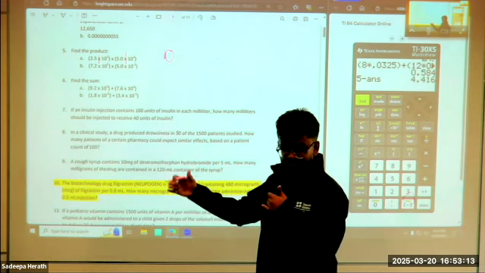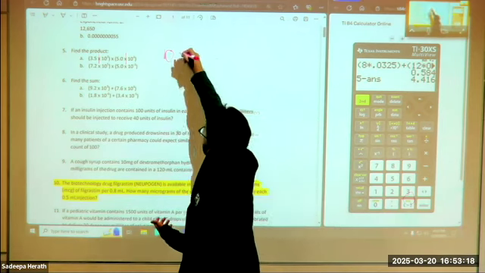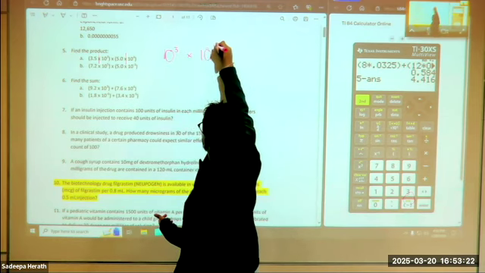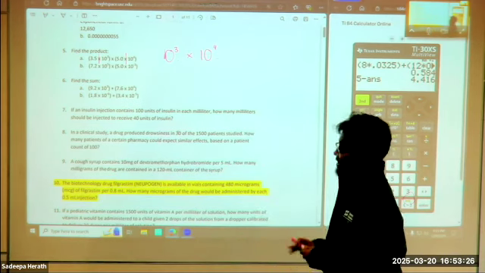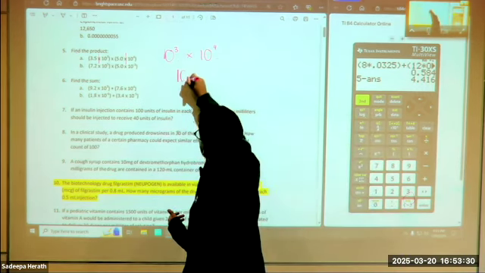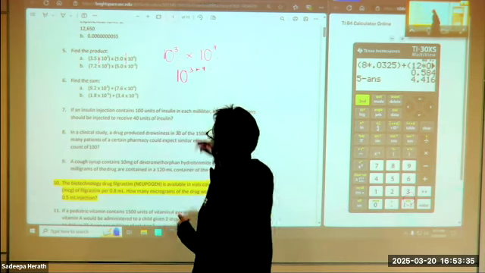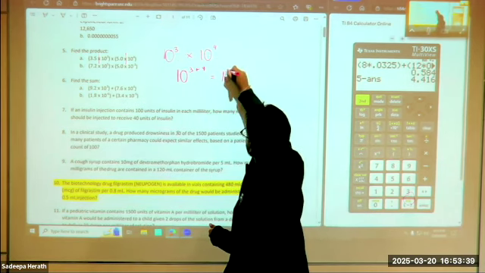Associative rule. 10 to the third times 10 to the fourth can also be written as 10 to the 3 plus 4. That equals 10 to the 7th.